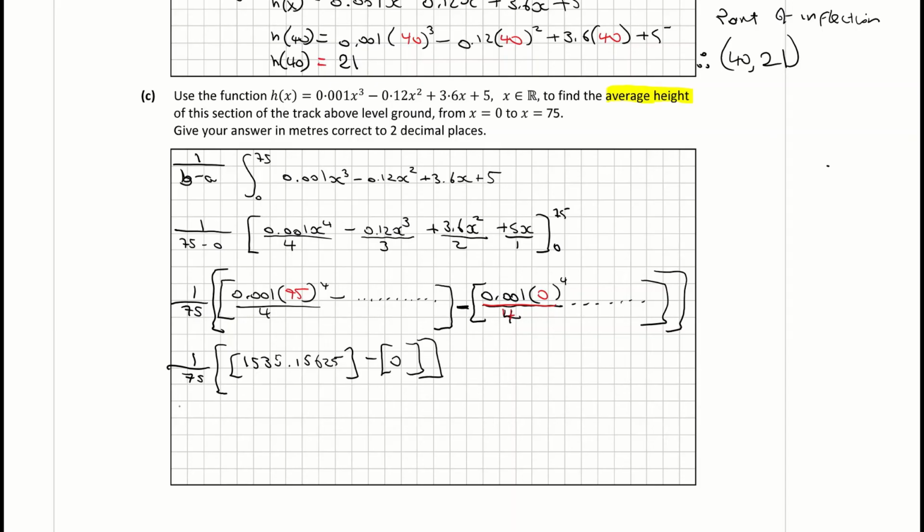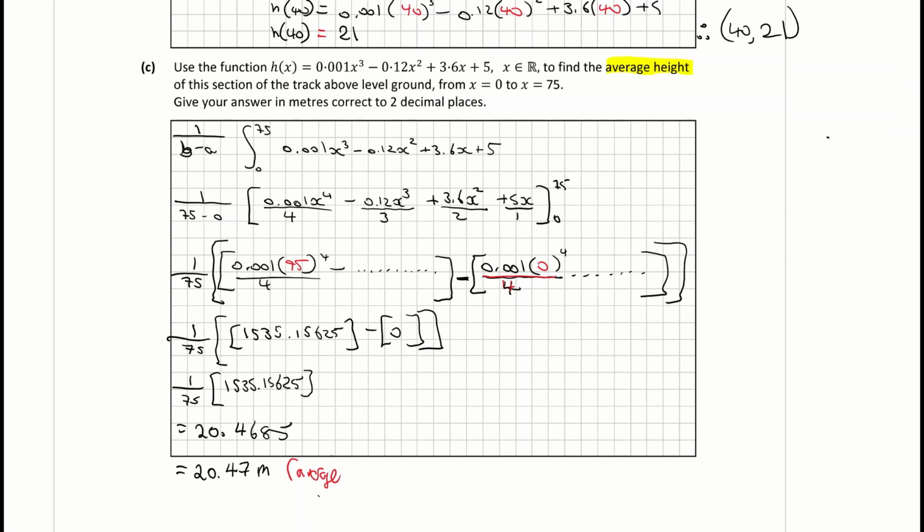So that's 1 over 75 times 1,535.15625. When I multiply that together, I'm getting 20.46875. The question wants it to 2 decimal points, so that is equal to 20.47 meters. So the average height is 20.47 meters. And that's our solution.